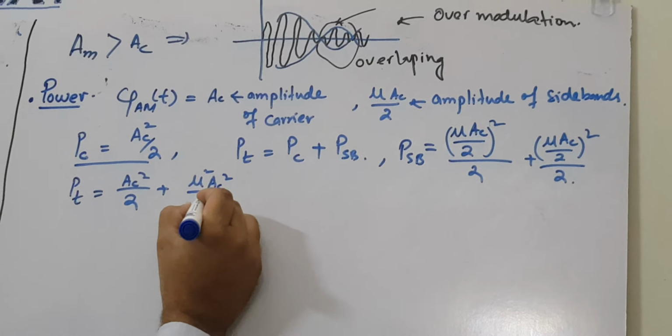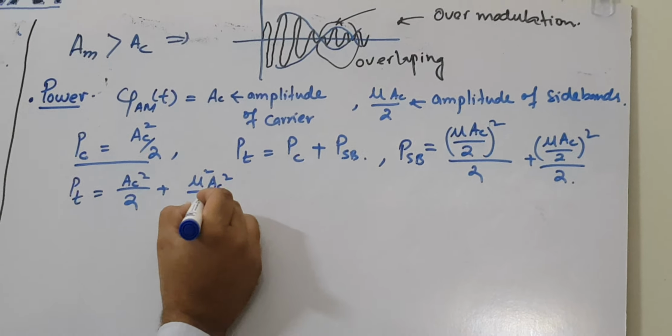The remaining is Ac square by 2 times (1 plus, if I add them together, mu square by 2). So you can write Pt equals Pc into (1 plus mu square by 2). That is the total power.